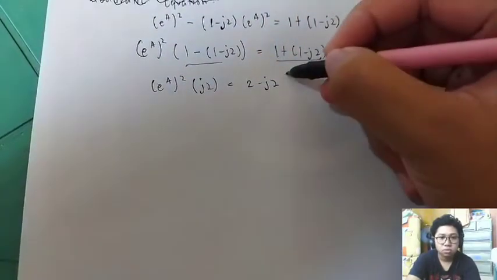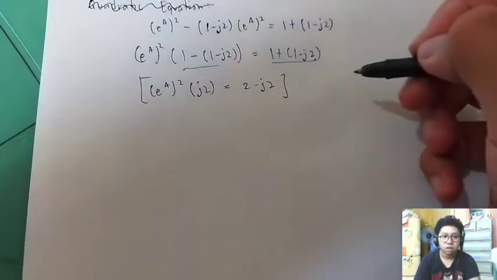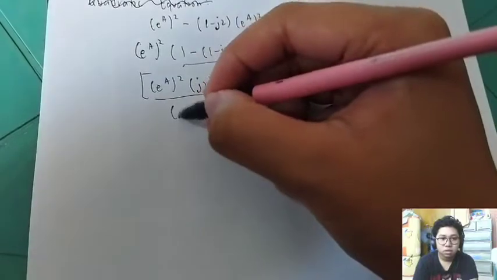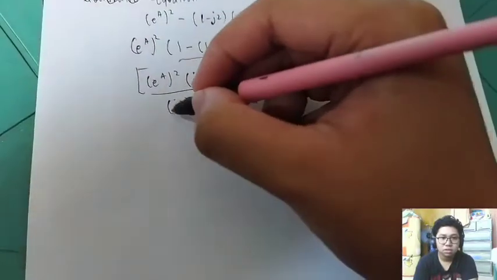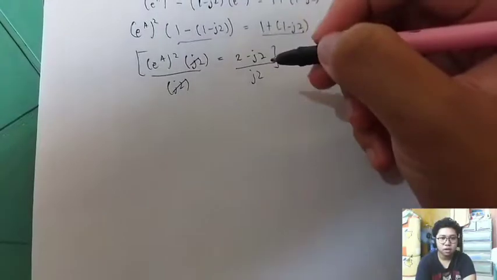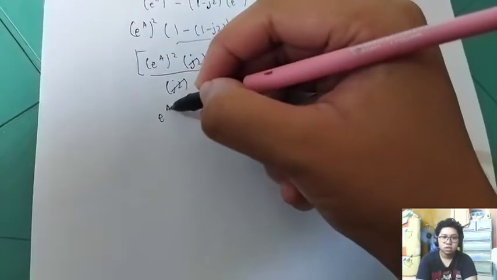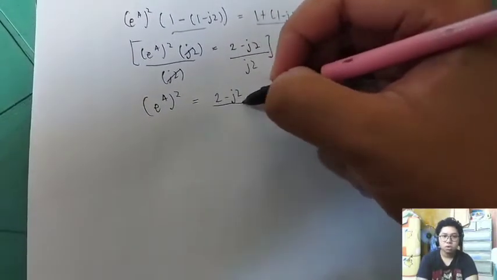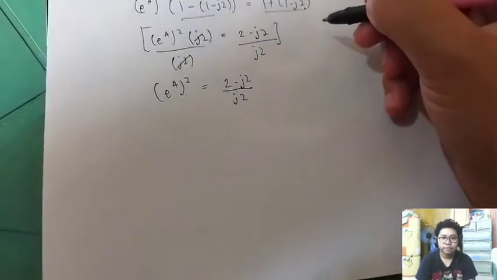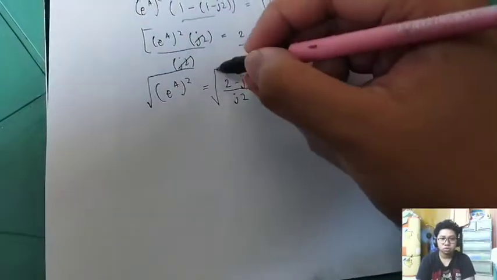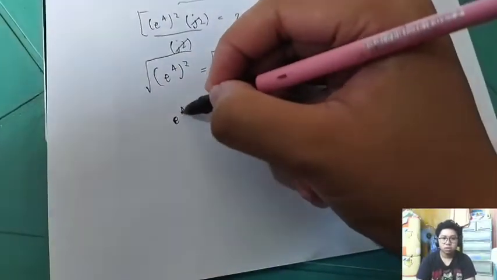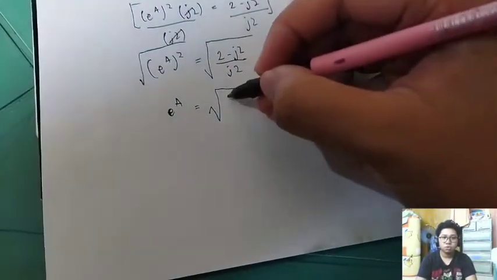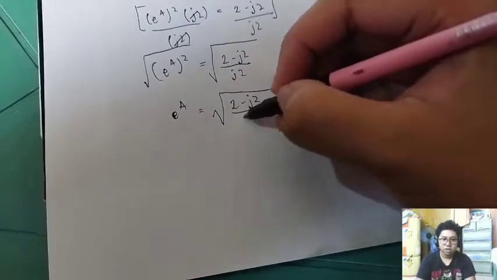And then we can divide both sides by j2. Then the j2 will cancel and the remaining would be e raised to a squared equal to 2 minus j2 over j2. Then we will take the square root of both sides. Then it will be e raised to a equal to the square root of 2 minus j2 over j2.